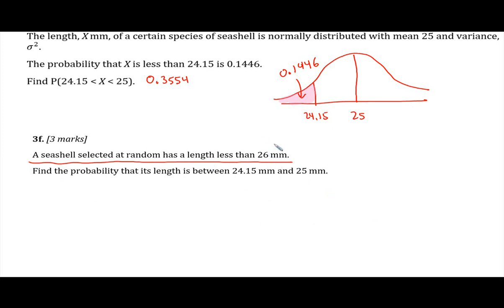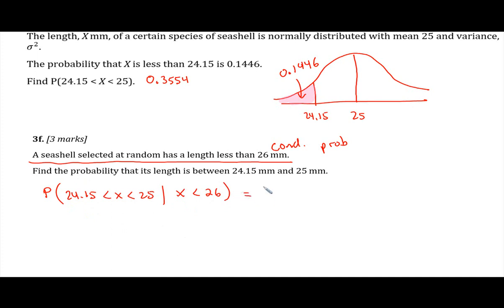So we're trying to calculate the probability that the length is between 24.15 and 25, given that the length has to be less than 26. This is our conditional probability.